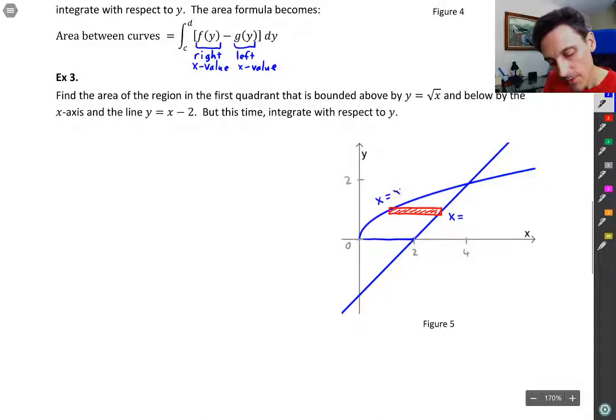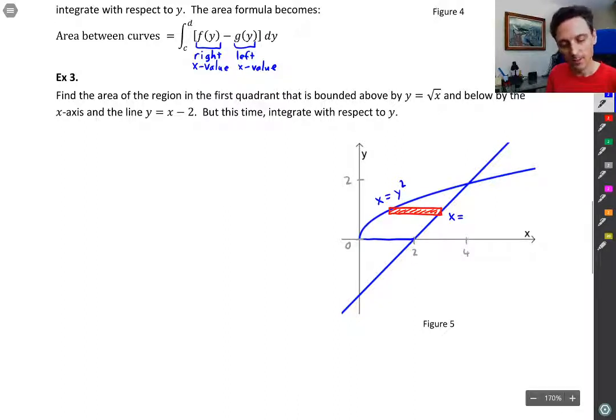If you said x equals y squared, that would be correct. All you do is take the equation y equals the square root of x and square both sides. Then you'll get y squared on the left and x on the right, so x equals y squared. Notice that that's actually a parabola opening to the right, but here we're only taking the top half of that parabola.